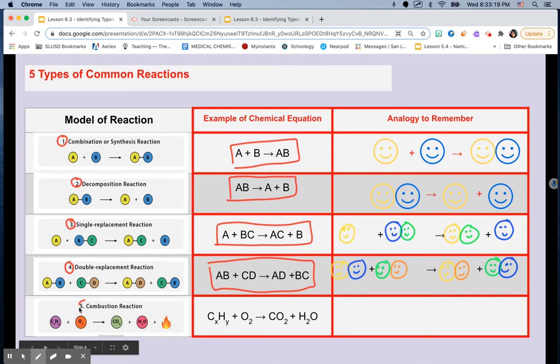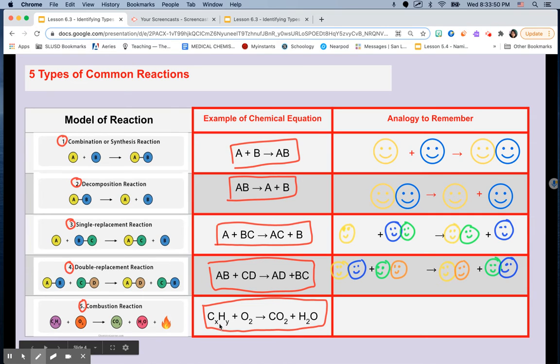The fifth and final type that you need to know of is what's called a combustion reaction, and it looks like this essentially. So I don't have a good analogy for this one. And this time, instead of letters that represent the elements, we have the actual elements. So in a combustion reaction, you always need some sort of fuel in the form of carbon and hydrogen, right?